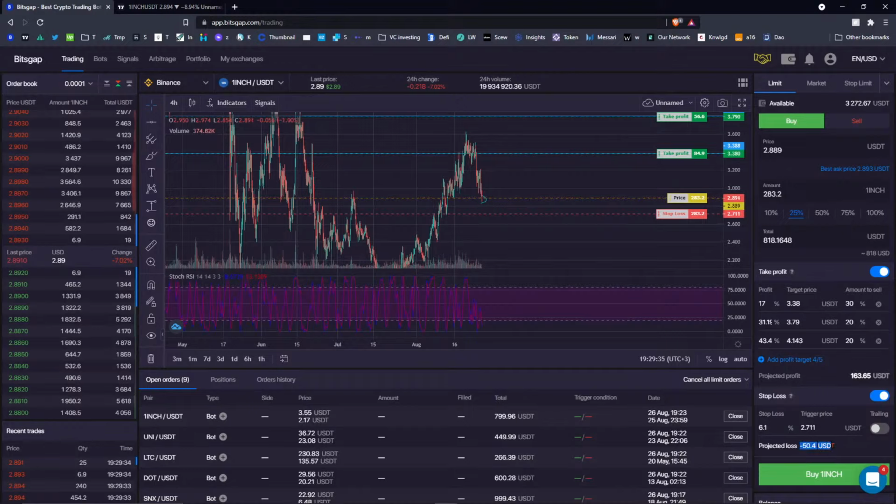So if you enter this trade with this smart trade mode, with this configuration, you risk $50 for the reward of $163. Okay, so in that case, your return to risk ratio is around 3.